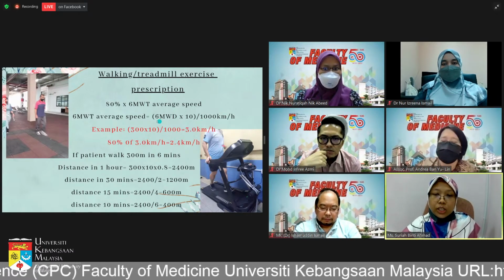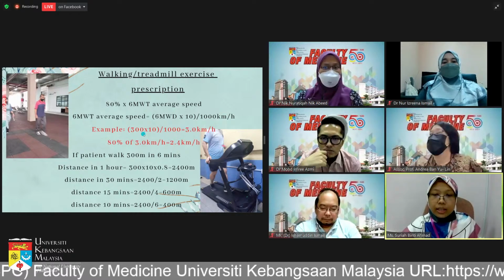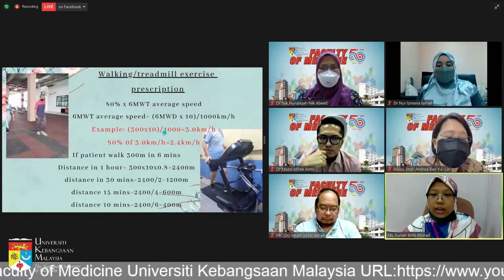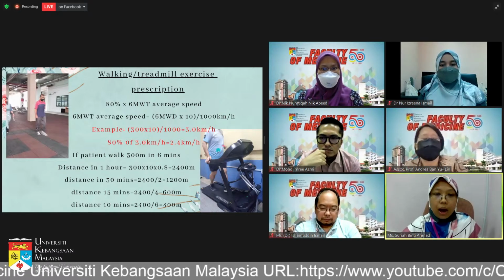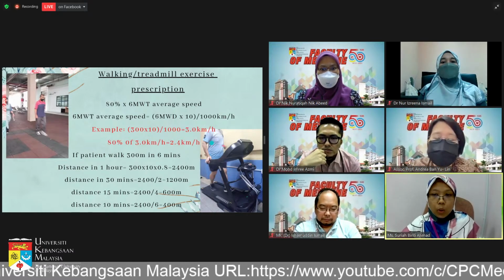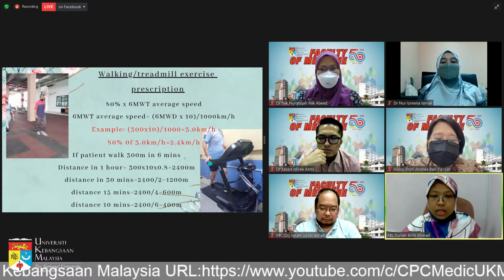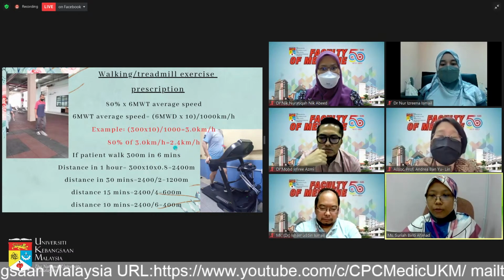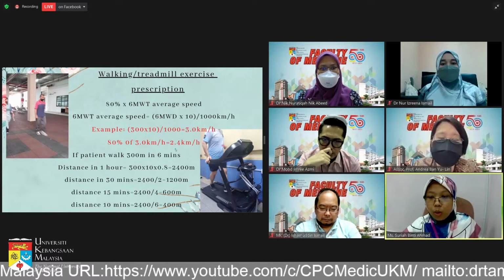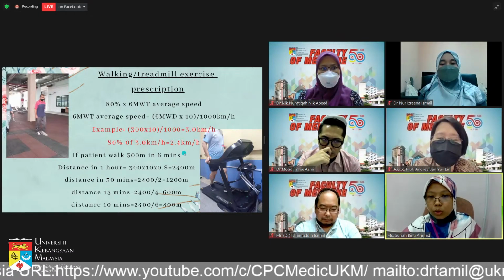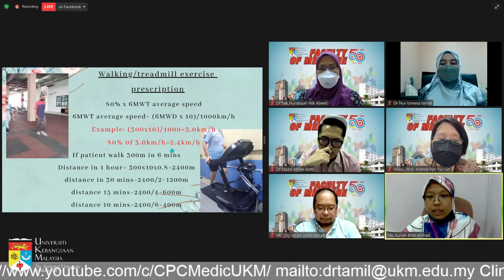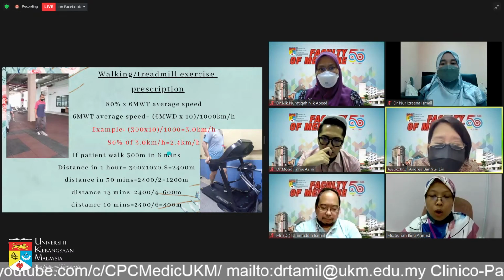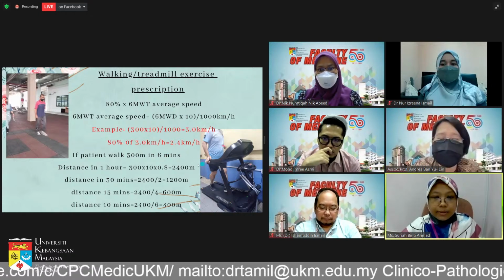For example, if the patient can walk 300 meters, we times it by 10 and over 1,000. So we get 3 kilometers per hour. From 3 kilometers per hour, we only take 80% of it. So if we prescribe the patient to walk on the treadmill, we prescribe 2.4 kilometers per hour, the minimum starting point for progressing the exercise.